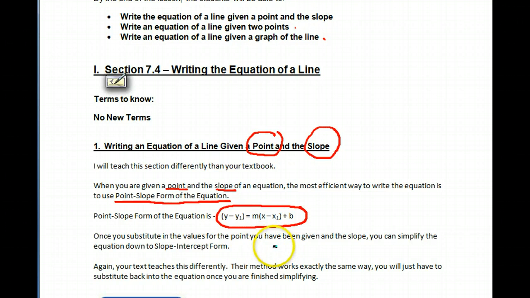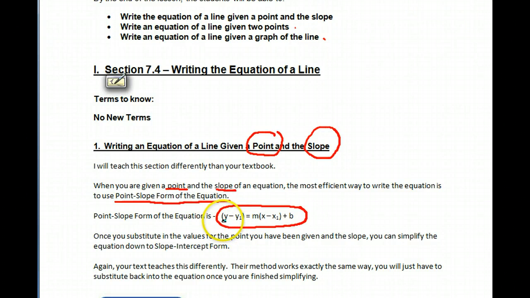Y minus y1 equals m times quantity x minus x1. Once you substitute in the values for the point you have been given and the slope, you can simplify the equation down to just slope-intercept form.